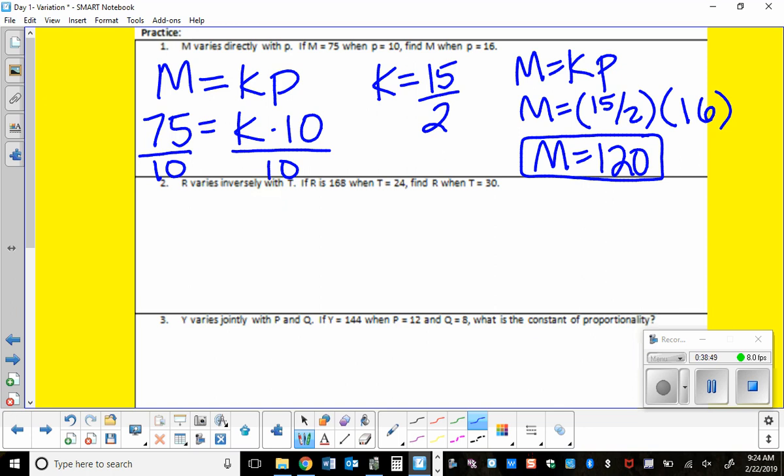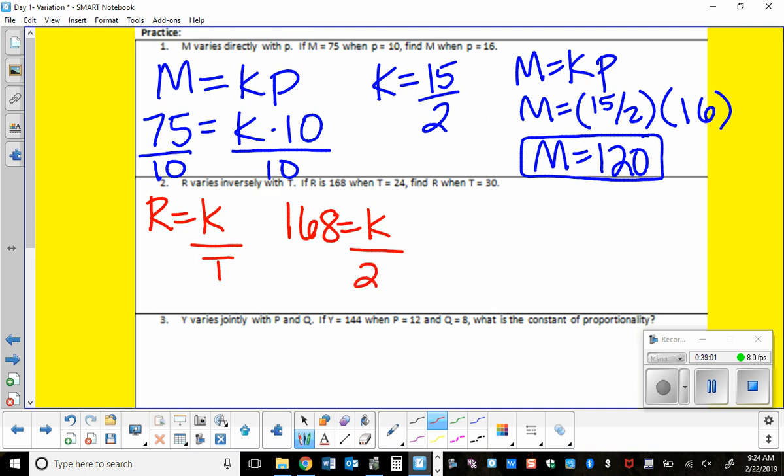All right, number 2. R varies inversely with T. Okay, when R is 168 and T is 24. What do you guys get for K? Did I do something wrong?